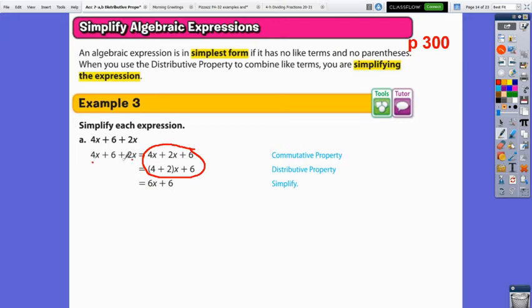They have the same variable. The work you show for this problem is the answer: 6x plus 6. And you can't combine the 6x and the 6, because they are not like terms. 6x has an x in it, and the other term is a constant, so you cannot combine them.